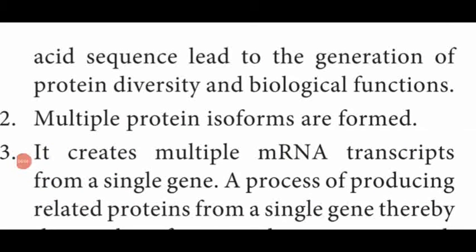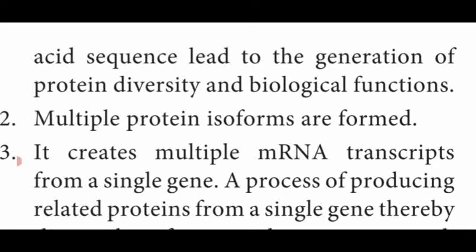Dear students, through the transcription process, mRNA contains many amino acid sequences, and these amino acid sequences produce different proteins. Each protein shows a different biological function. So these different proteins and biological functions are identified by alternative splicing in plants. So that is one of the advantages.